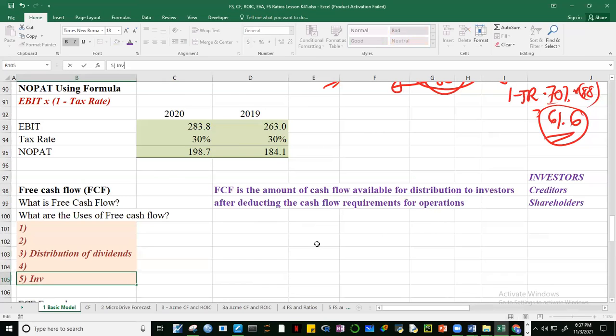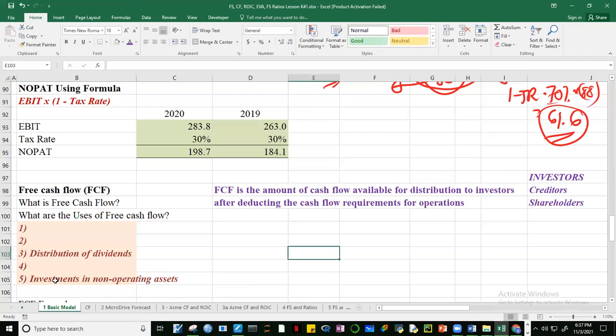So this is used for investments in non-operating assets. Generally for non-operating assets. Kasi pag non-operating, that will not form part of free cash flow. That's why it's called free cash flow. It's already free because we have already invested in the operations of the business.